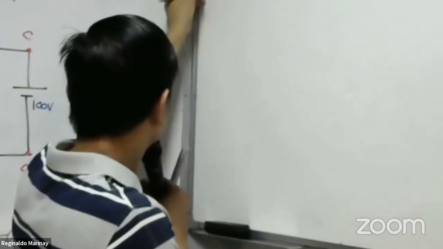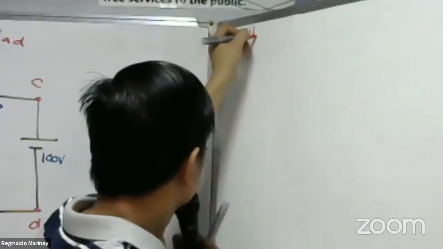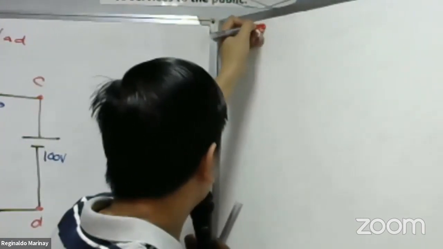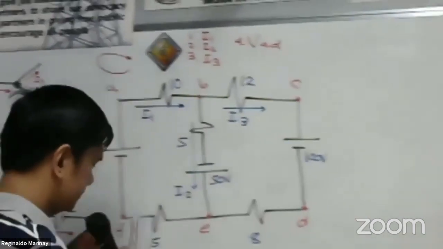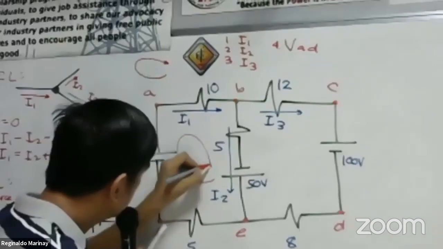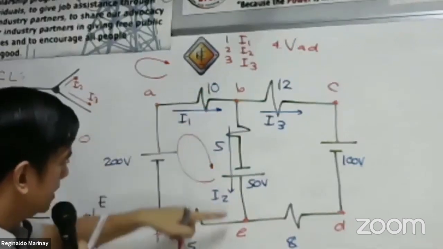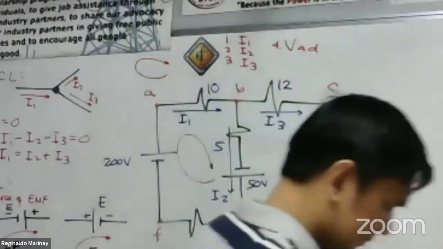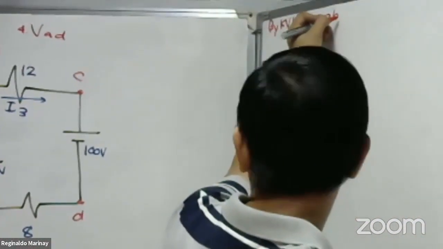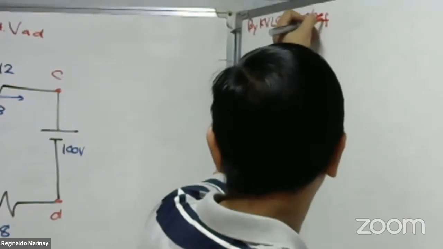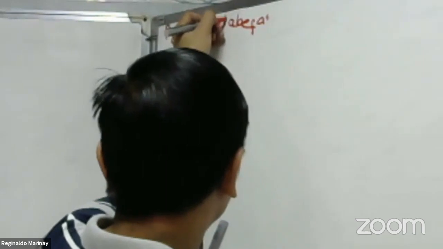So we have by Kirchhoff's voltage law at loop. So loop. Let's have now the first loop. I will put here the tracing here. Okay. So let's call this as A B E F A. We have to close the loop.